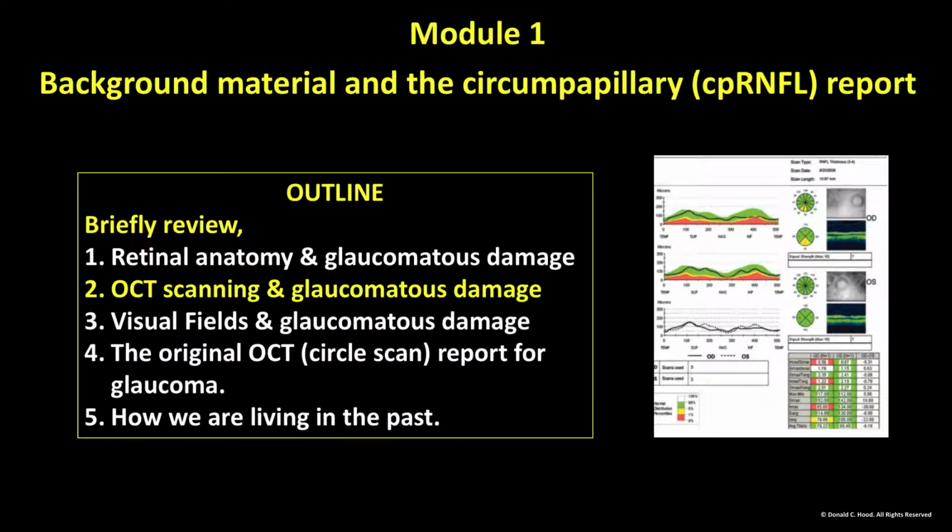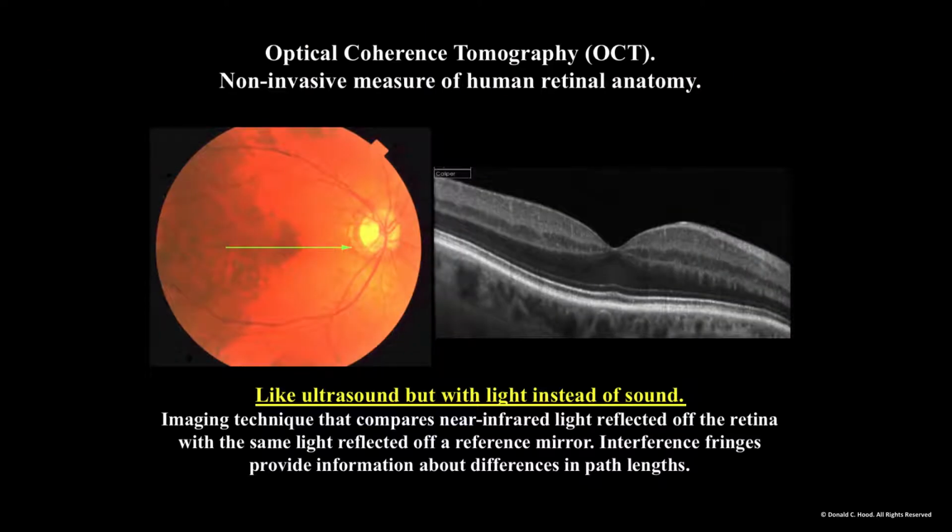All right. Second, let's review a little bit about OCT scanning and what glaucoma does and how it appears. So you probably know that you can think of OCT as ultrasound, but with light.